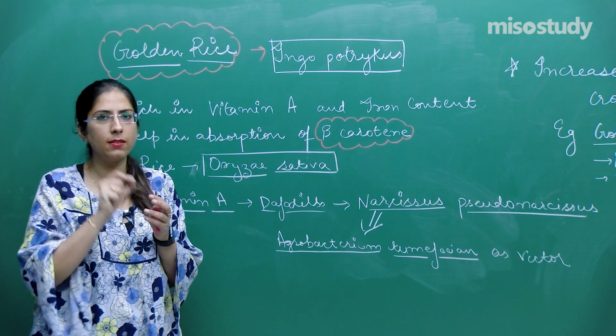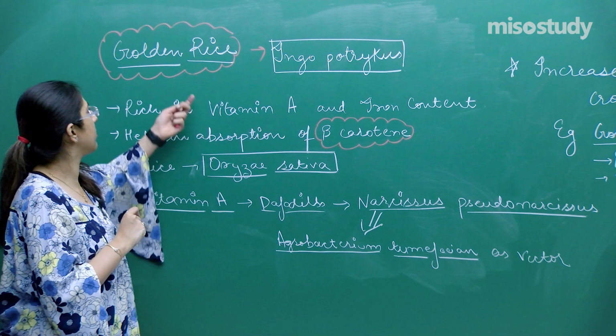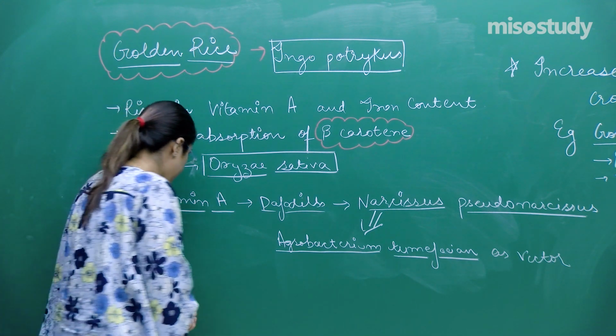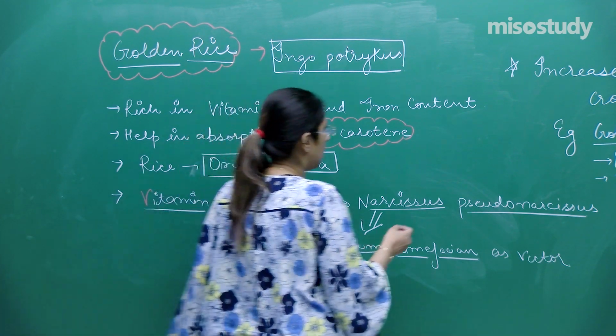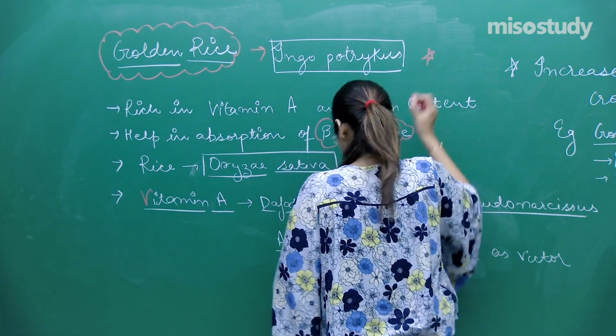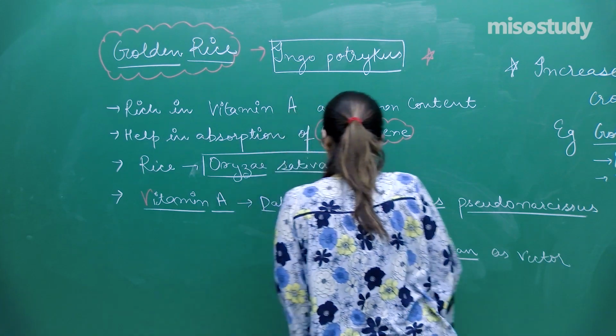Normally this golden rice looks like a white rice, but there is one difference: in the center core it is yellowish in color. That's why the name golden rice is given, right?